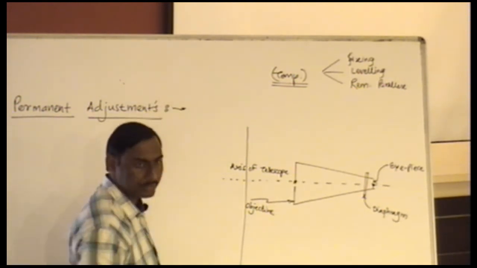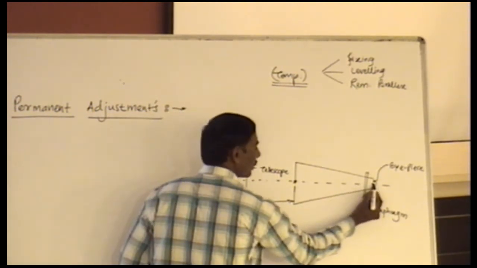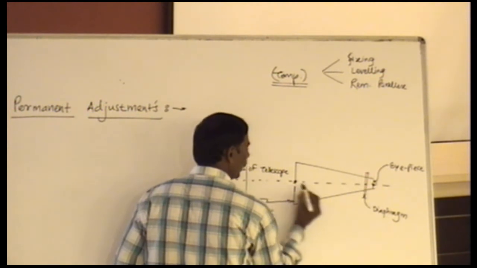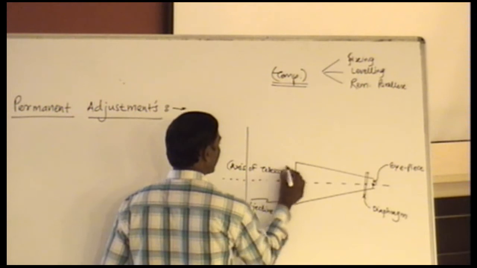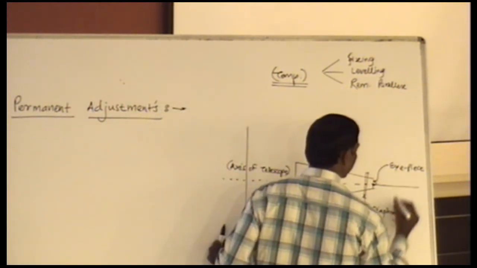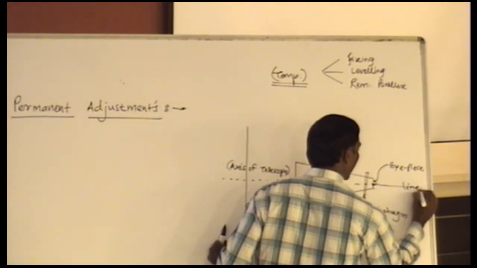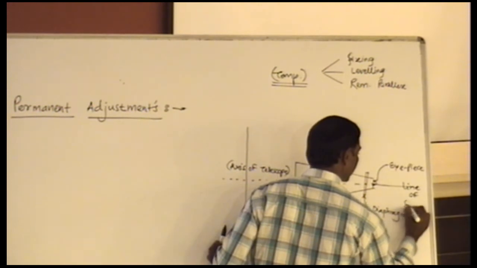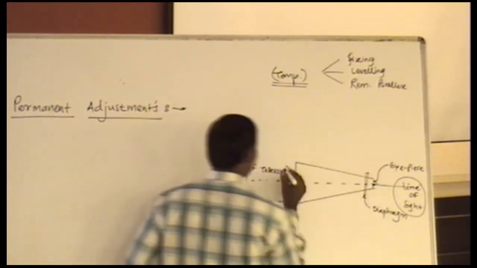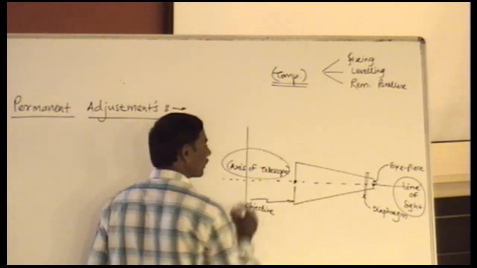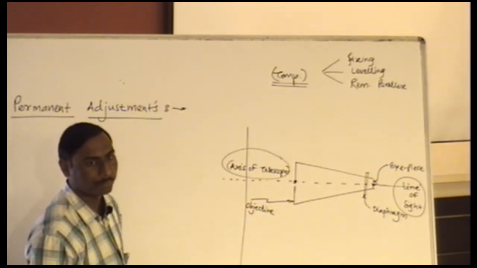A line joining the center of the eyepiece, the center of the diaphragm, the center of the object glass and its imaginary continuation is called the line of collimation. It is also called the line of sight. They must be collinear. That is the relationship between them.